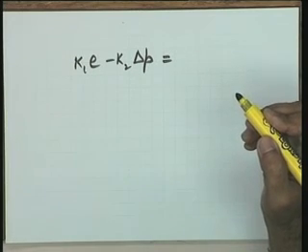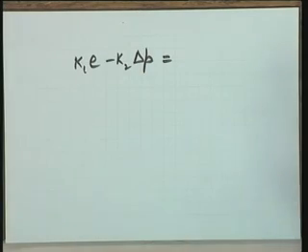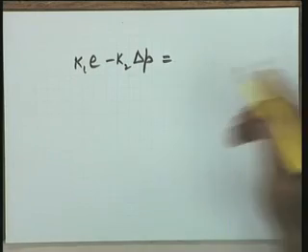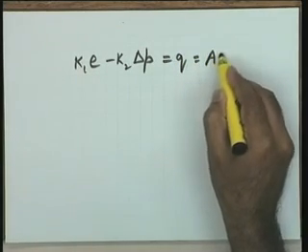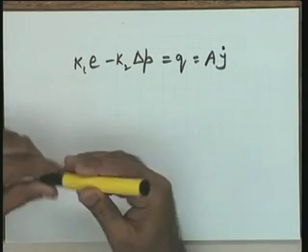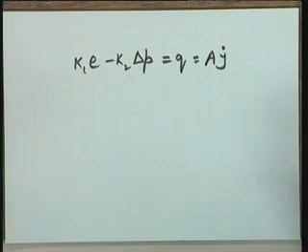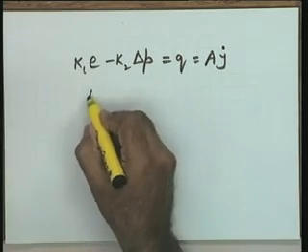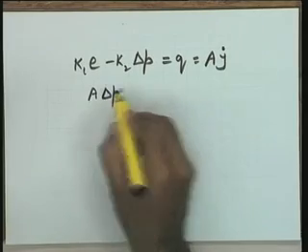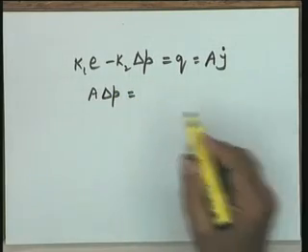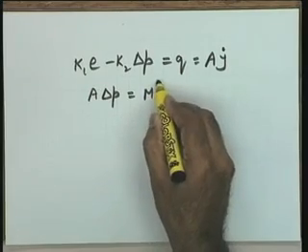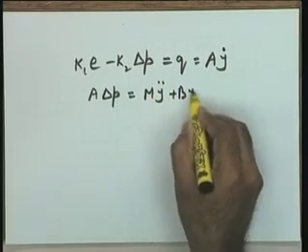K1 E minus K2 into del P is the total flow in the power cylinder, and this flow was taken as equal to Q equal to A into Y dot, where Y dot is the velocity of the power piston and A is the area. Another equation we had used, A into del P is the force on the power piston. This force is going to do the necessary job, and that is M Y double dot plus B Y dot plus F W.